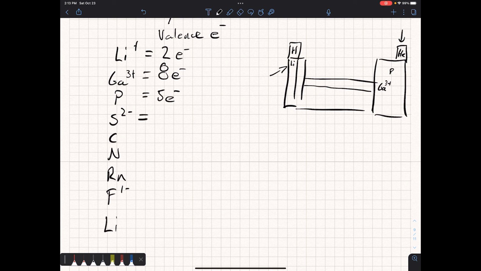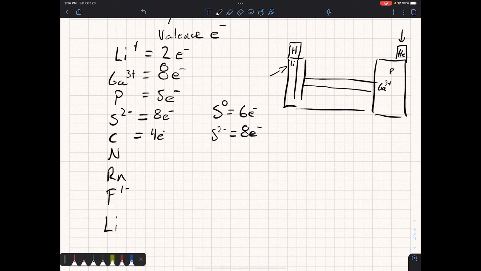Anytime we have a negative charge, like our next question here with sulfur, we're adding electrons. So neutral sulfur, with a 0 charge, has 6 electrons. But because we have this 2 minus, that means we're adding 2 more electrons. So sulfur 2 minus will be 8 valence electrons.